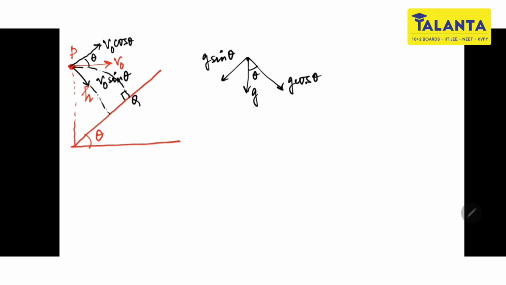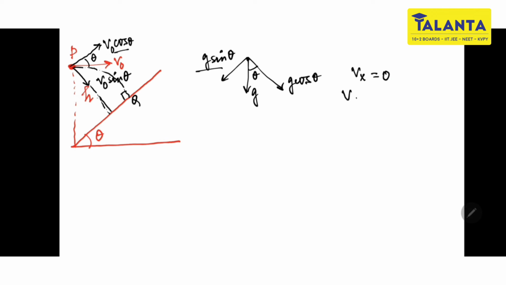Now in the interval from P to Q, Ux equals V0 cos theta and Ax equals minus g sin theta. At the striking point Q, it strikes perpendicularly. That means Vx equals 0.